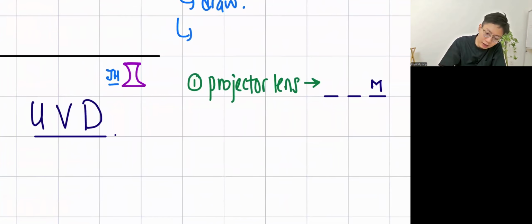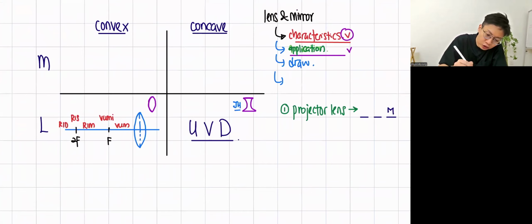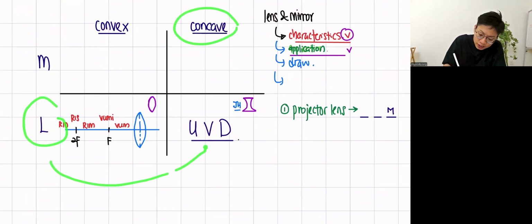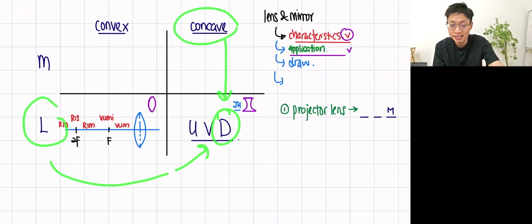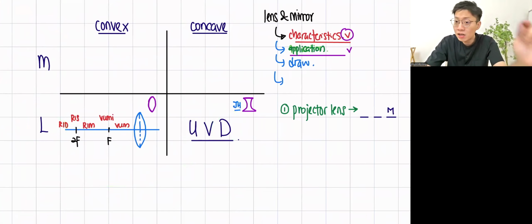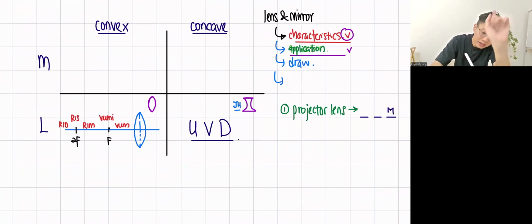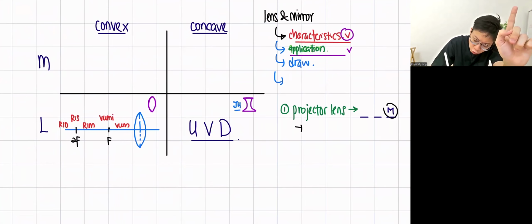Because you want a magnified image, if you check, a concave lens always forms diminished images. Concave lens is always diminished. Because a concave lens always forms smaller images, I want to teach you how to think of it. Because for a projector lens you want magnified, this has to be a convex lens.